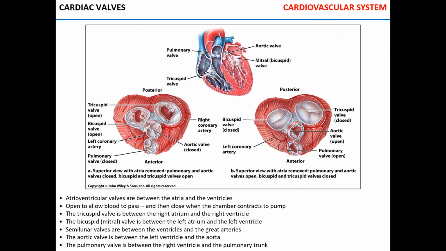So here you can see the schematic location of the valves of the heart. You can see the open tricuspid valve that separates right atrium and right ventricle, open bicuspid or mitral valve that separates left atrium and left ventricle, and two closed semilunar valves: aortic valve that separates left ventricle and aorta, and pulmonary valve that separates right ventricle and the pulmonary trunk.